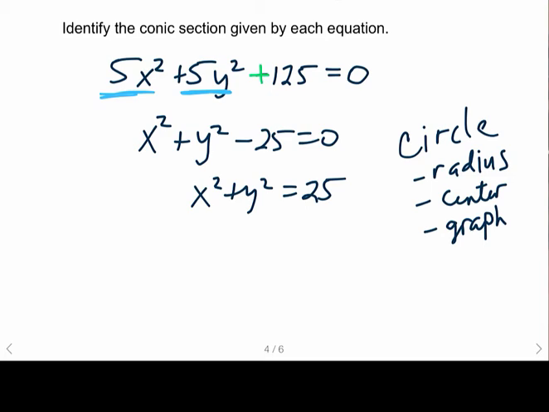Then dividing by 5 would give me x squared plus y squared plus 25 is equal to 0. Subtracting 25 from both sides would give me x squared plus y squared equals negative 25. This is nothing. There are not two real numbers that you can square and get a negative. Okay, so that's it.